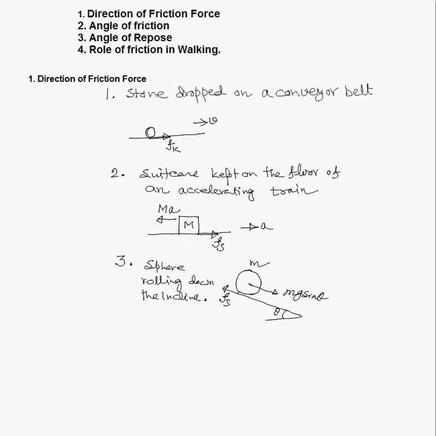In this case, whether the sphere is rolling down or up the incline, the force of static friction is always up the incline, as the component of weight mg sin theta acts always downward.